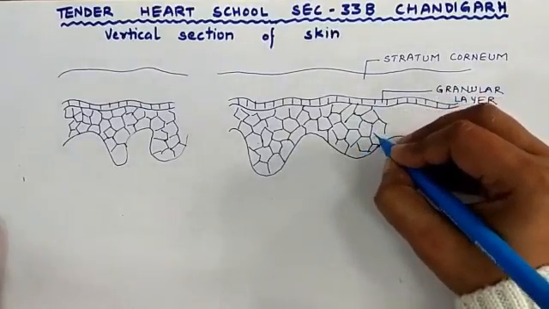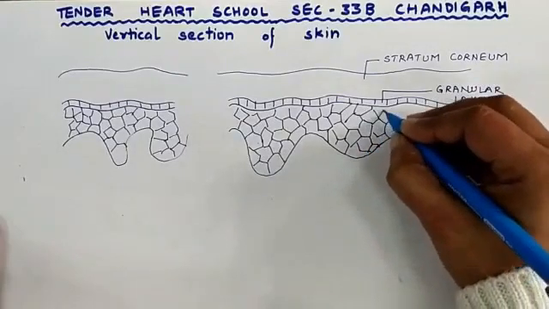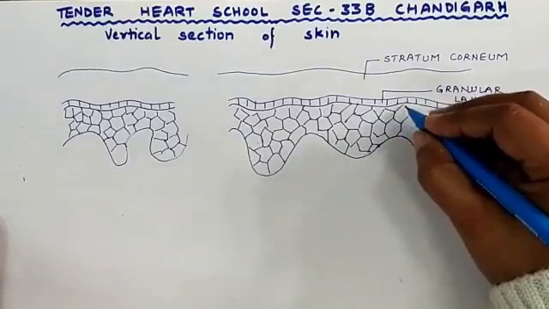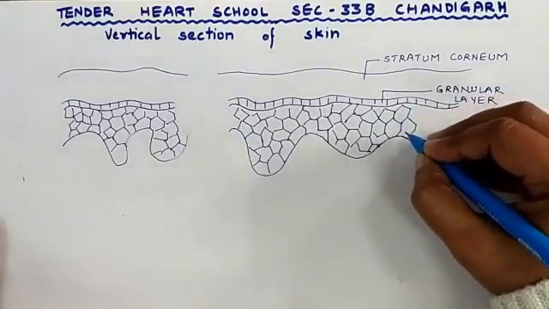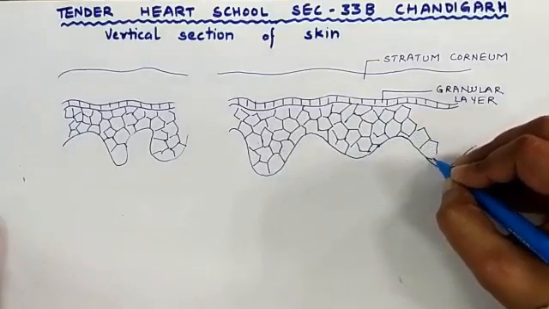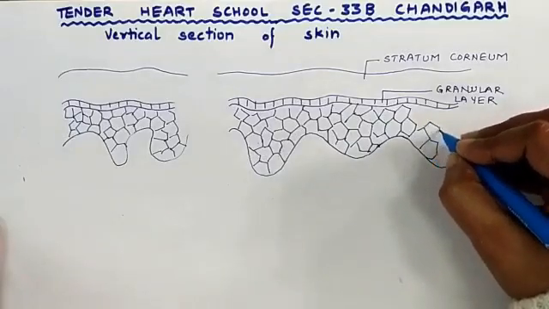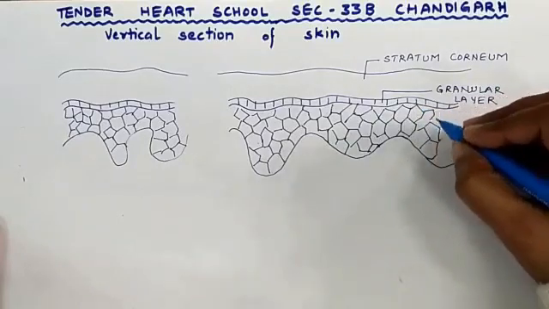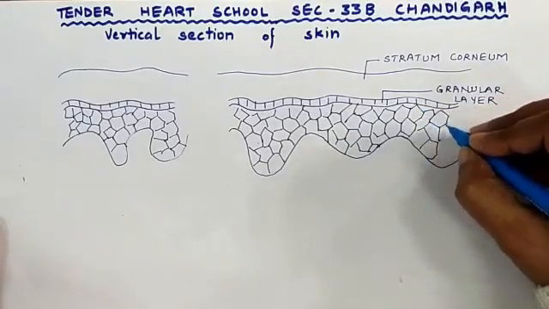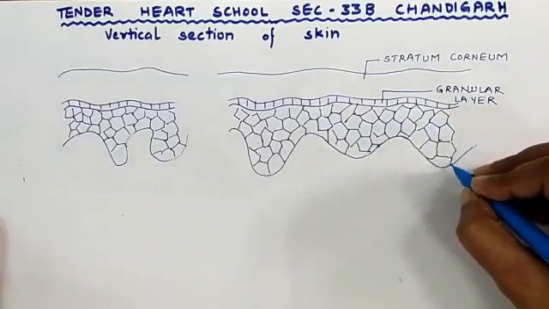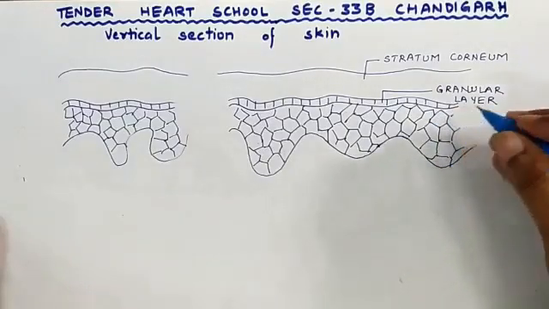And you all have to practice the diagram. The vertical section of skin, you have to draw yourself, practice it many times, then only you will be able to memorize and draw it properly. Diagrams are basically making you understand the concept with much clarity, right?